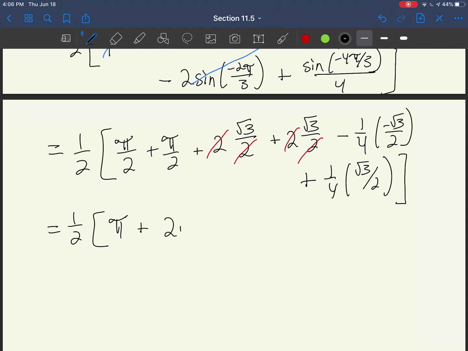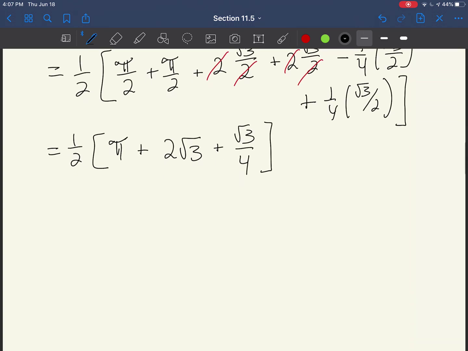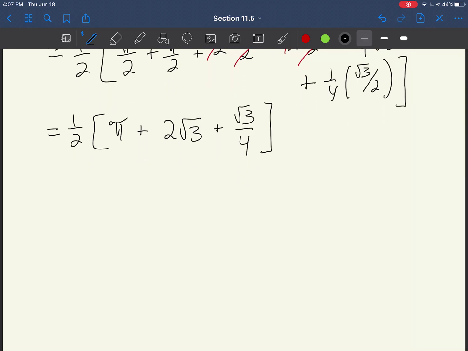Okay, this is 1/2 times pi over 2 plus pi over 2, which is pi. The 2 and the 1/2 cancel, the 2 and the 1/2 cancel, giving us plus 2 root 3. We then have plus root 3 over 8, plus root 3 over 8, which is plus root 3 over 4.